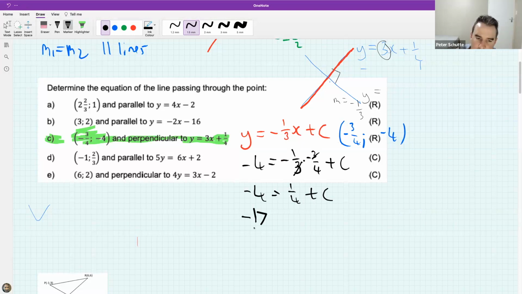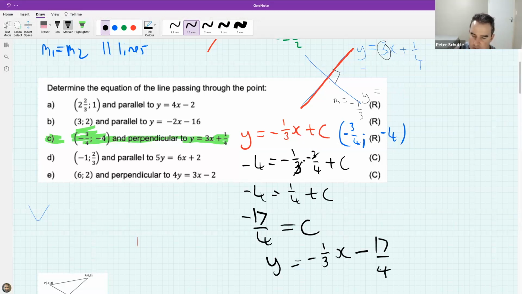So I get minus 17 over 4 for C, and the equation of my line is minus 1 over 3x minus 17 over 4.